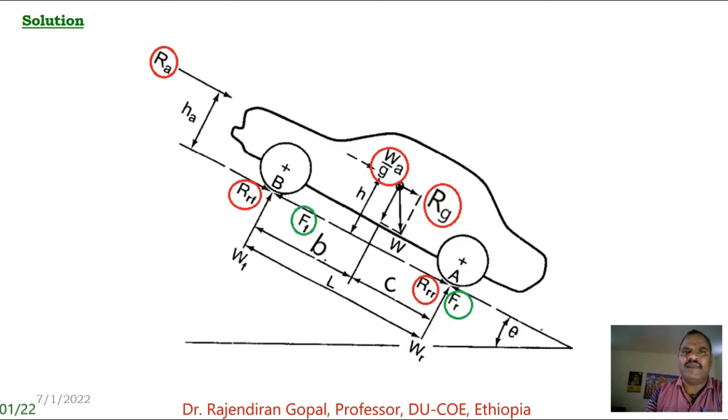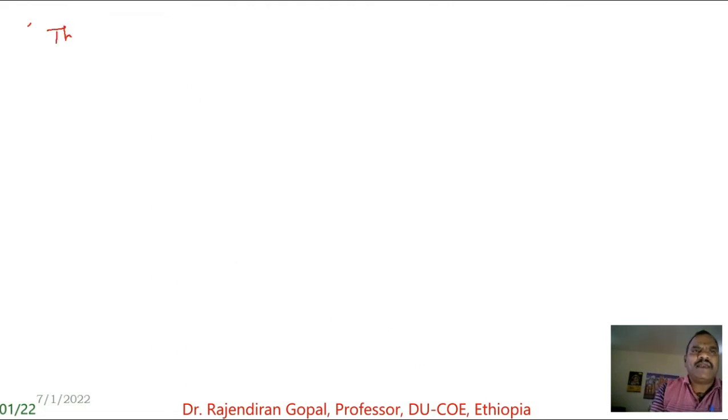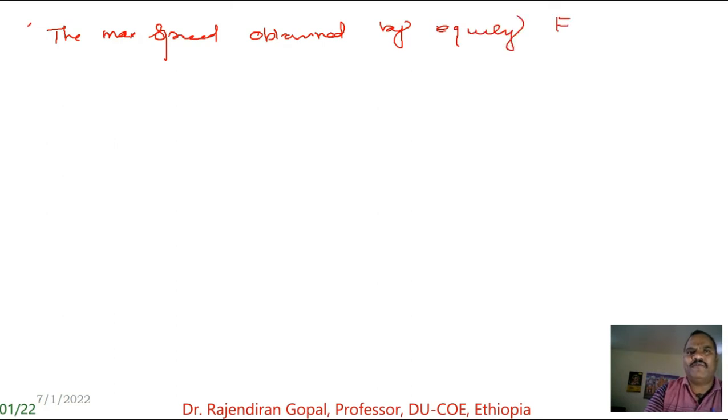RRR is the rolling resistance at the front and rear tire, and WR is the reaction by the weight of the vehicle. The maximum speed is obtained by equating maximum tractive effort F max with total resistance R. So F max is equal to R.